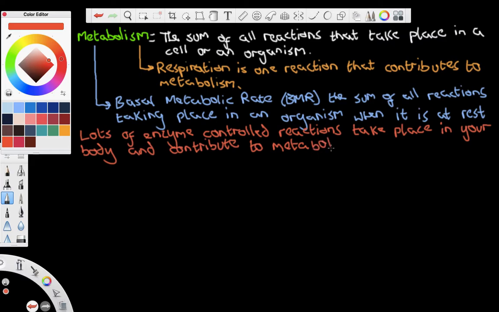Now, in actual fact, what we would normally have is a reactant which is turned into a product with use of an enzyme. Okay?